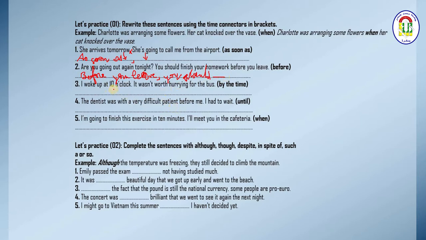"I woke up at 10 o'clock and it wasn't worth hurrying for the bus." Okay. I woke up at 10 o'clock. It wasn't worth hurrying for the bus. Automatically, what will be? I either put it in the middle and change this one here and this one here, or I write it with "by the time," and if you find it like this, you are going directly to write it like this.